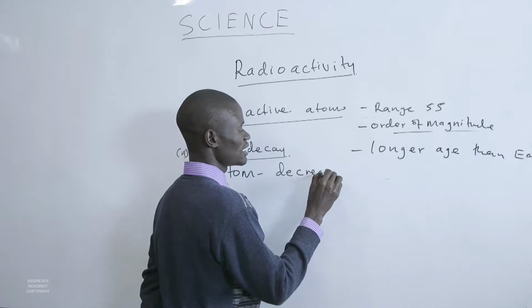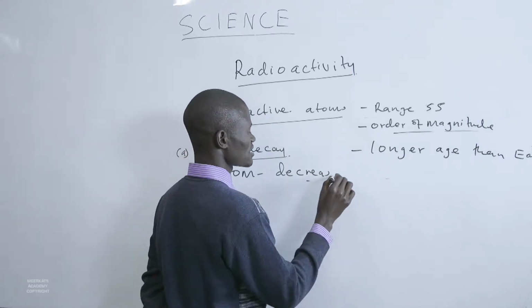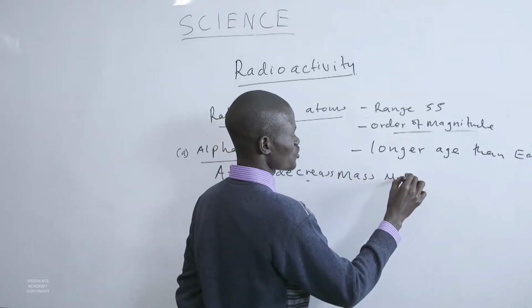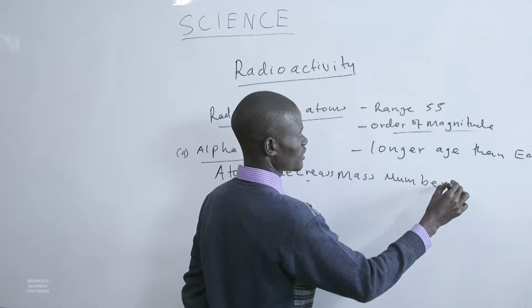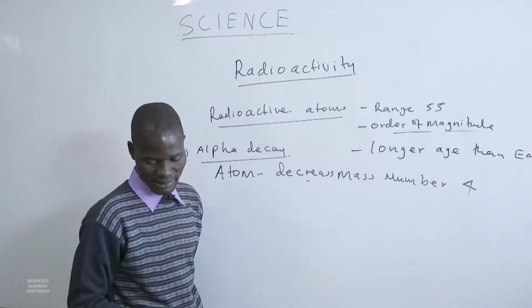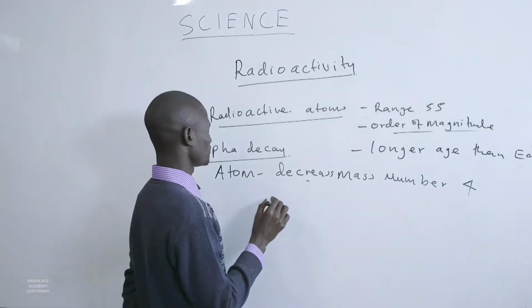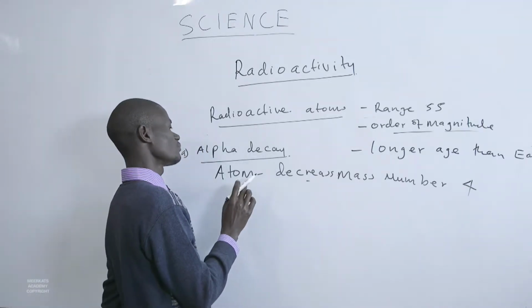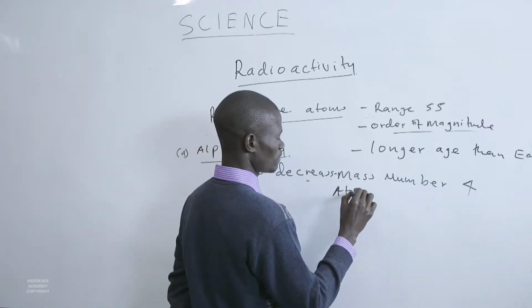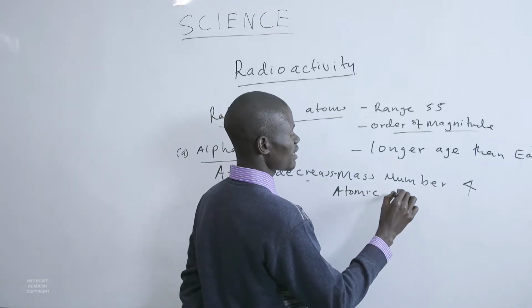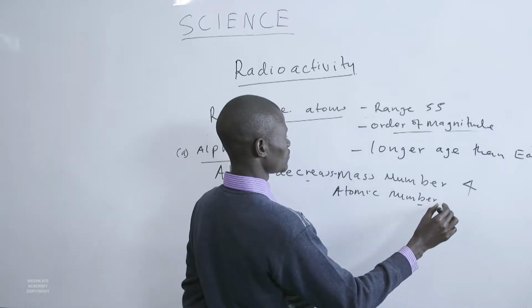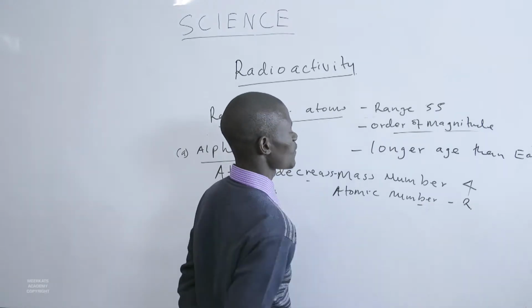Because it has decayed, the mass number has decreased by 4, and the atomic number has also decreased by 2.